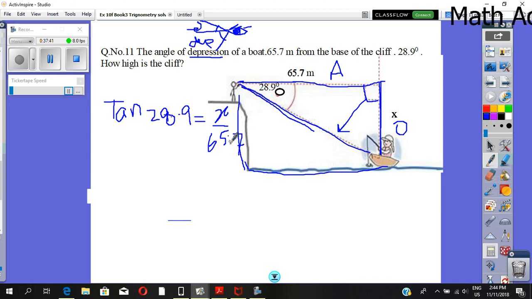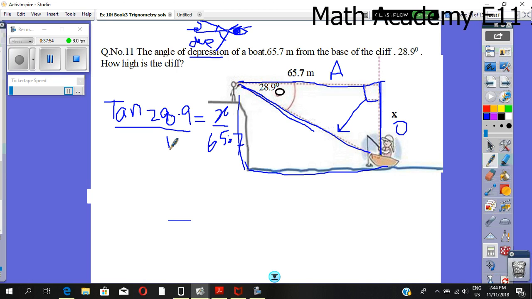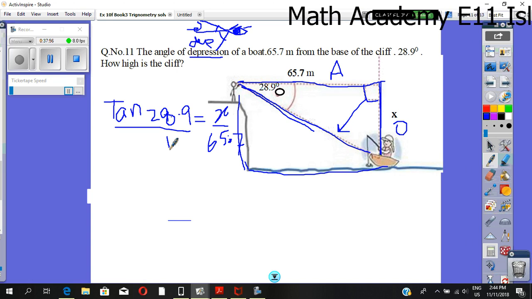And if we cross multiply, it means tan 28.9 times 65.7 gives the height of the cliff.